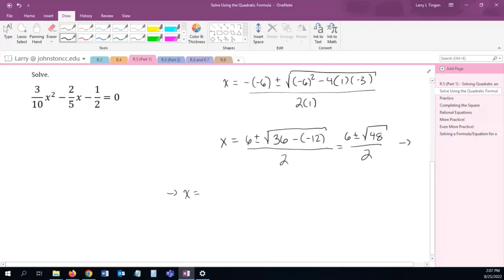Any perfect squares in there? Absolutely. If you don't see any perfect squares, or if you don't think of any, try taking 2 out and then take it out again, and then take it out again and again if you can. Turns out 48 breaks down into 16 times 3.